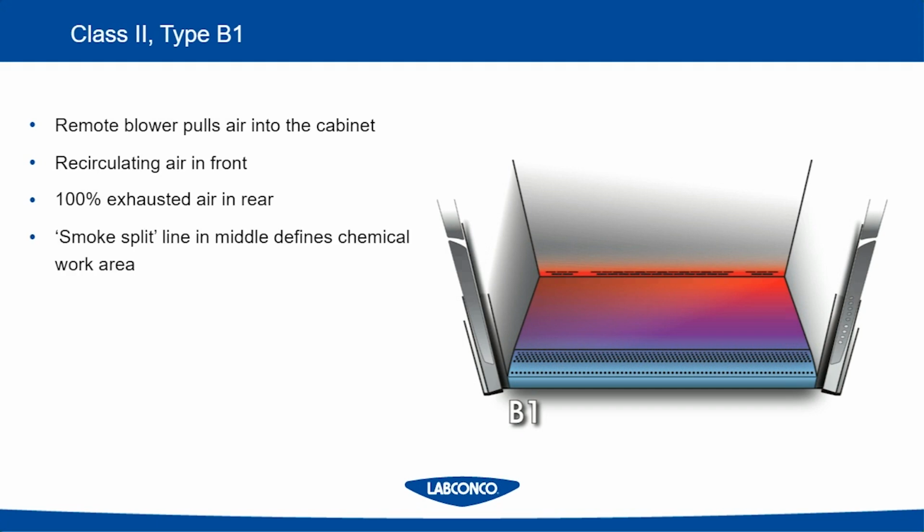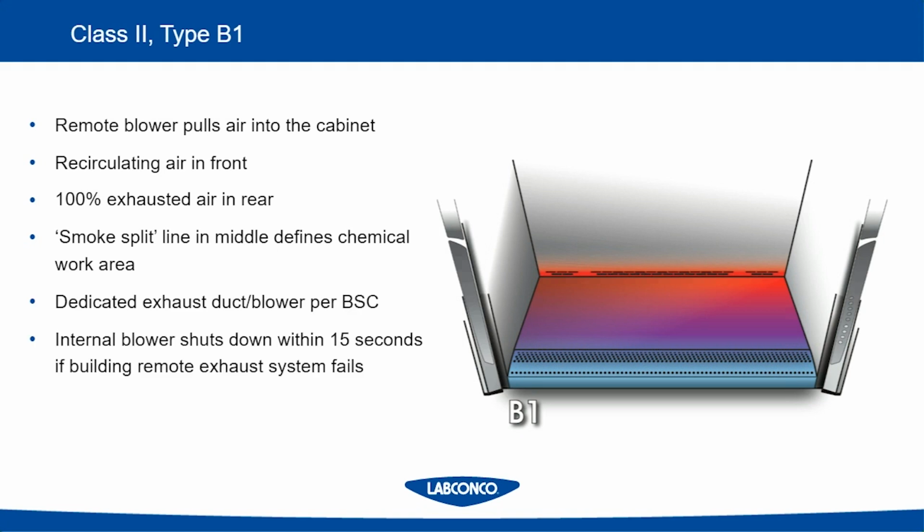In the middle of this cabinet, if you recall the video that we showed earlier in that downflow air, part of the air moves towards the front of the cabinet and part of the air moves towards the back. So, this split in how that airflow comes down the cabinet really defines the chemical work area. So, you would always want to make sure your users are working in the back of the cabinet for where that 100% exhaust air is.